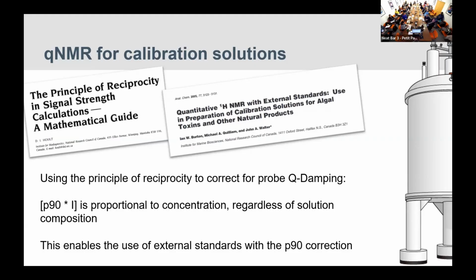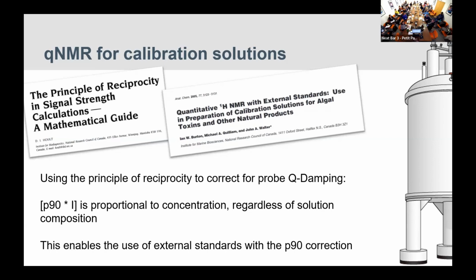To tell you a little bit about the history of this at my institute, the NRC, we started talking about calibration solutions very, very long ago, with Holt, where he proposed something called the principle of reciprocity in signal strength calculations.